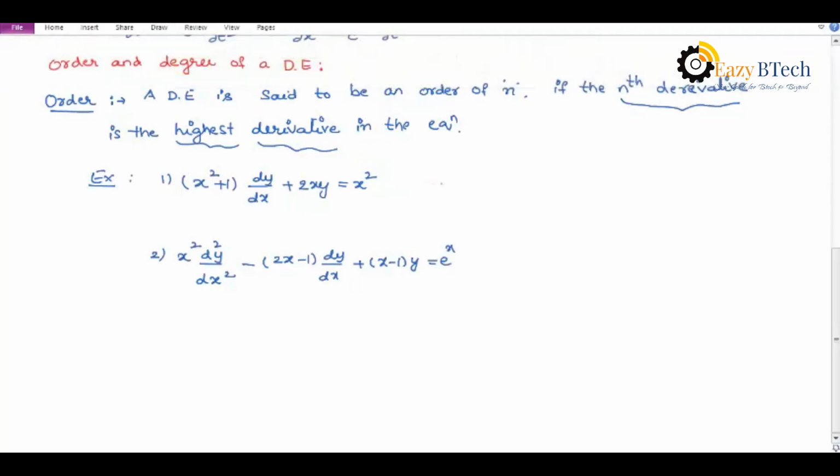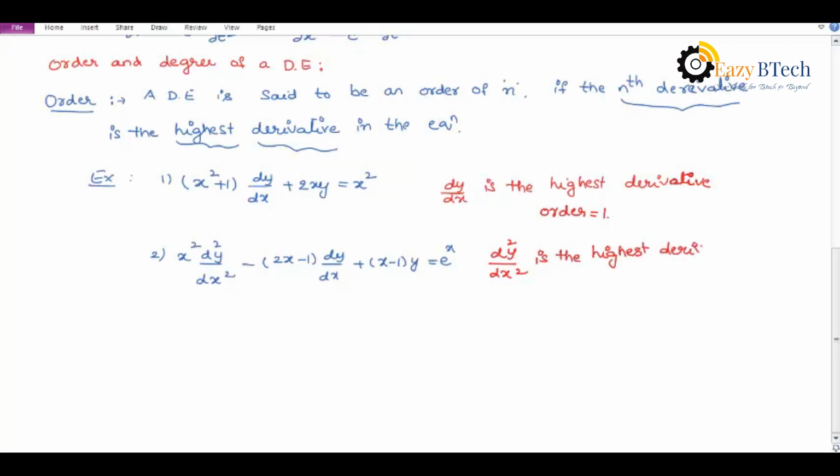In the first example, dy/dx is the highest derivative, so the order of this equation is 1. Coming to the second example, d²y/dx² is the highest derivative in this equation, so the order is 2 here.